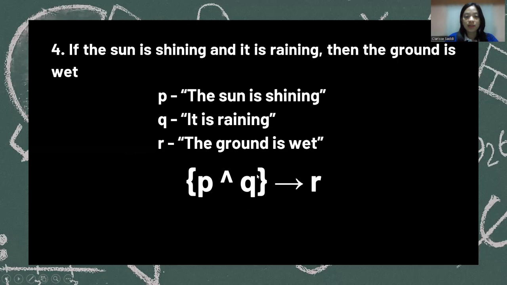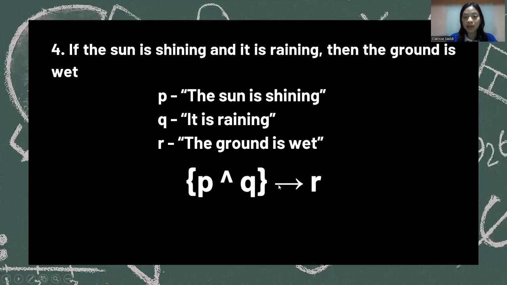So this simply represents the statement, the sun is shining and it is raining. Since in this combined statement there's an implication or the if-then connective, as you can see here in the example statement, if is added before the combined statements and then is added after the combined statement.